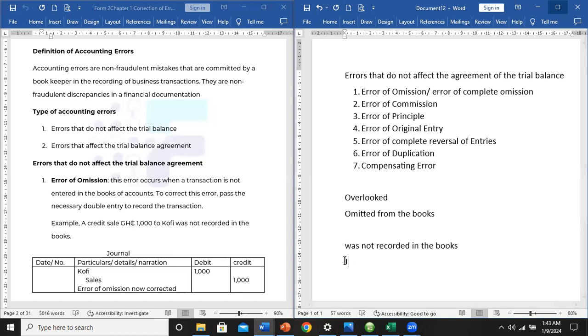So the journal is what we use to correct these errors. And when I say correct these errors, it doesn't mean that we are going to erase it or cancel it with pens and whatever. In fact, what we are going to do is to pass a double entry, do a debit and credit to correct this error.